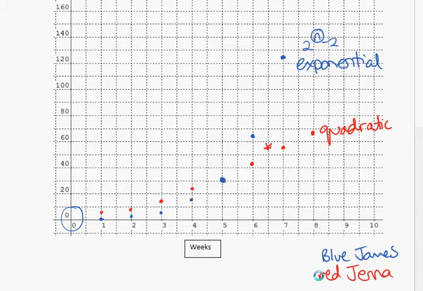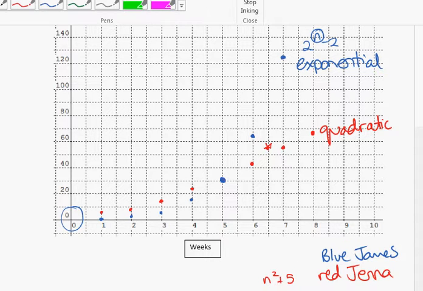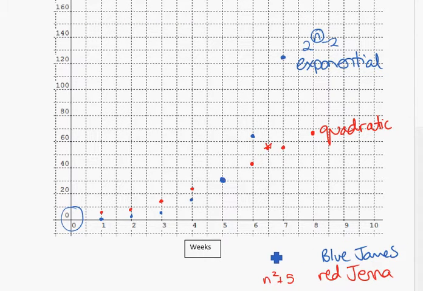For Jenna, her y-intercept, remembering that her rule is n squared plus 5, so if we substitute 0 in there, we'll get a y-intercept of 5. And for blue, for James, his was 2 to the n minus 2, so on a calculator you can check 2 to the 0 is 1, minus 2 is negative 1, so they will have different y-intercepts as well.